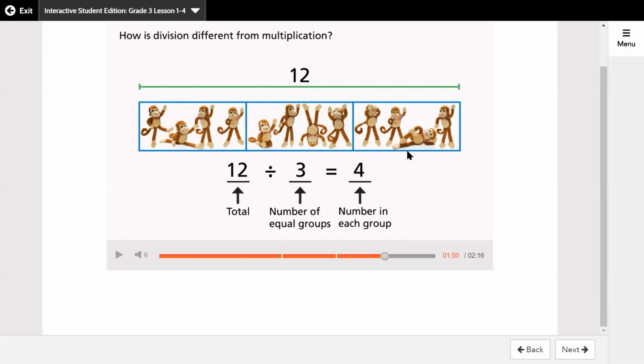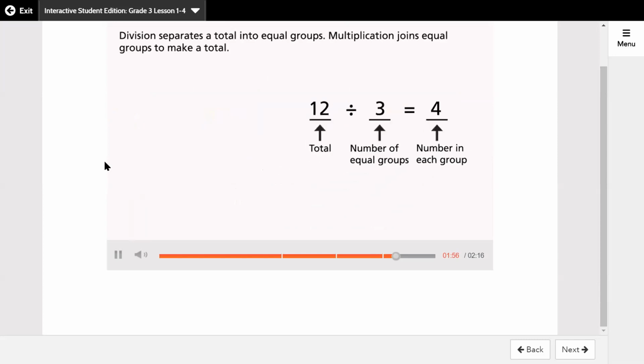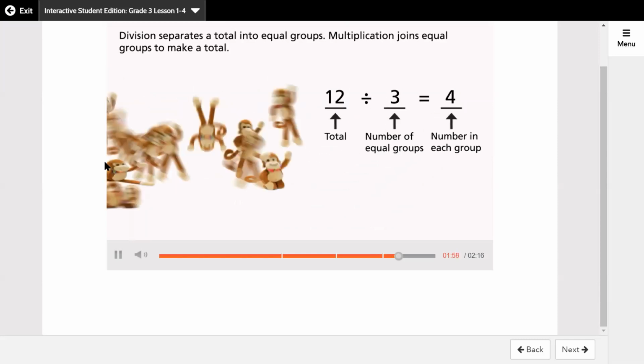Versus if we flipped this over for multiplication to check our answer, we could say, okay, there are 3 groups, 3 times 4 in each group equals our total number of 12. Division separates a total into equal groups. Multiplication joins equal groups to make a total.